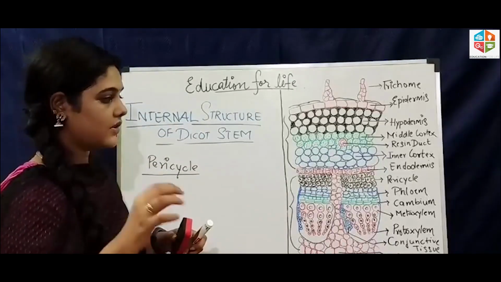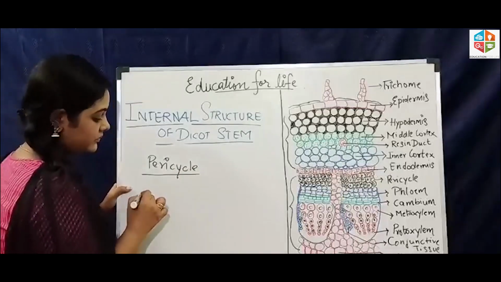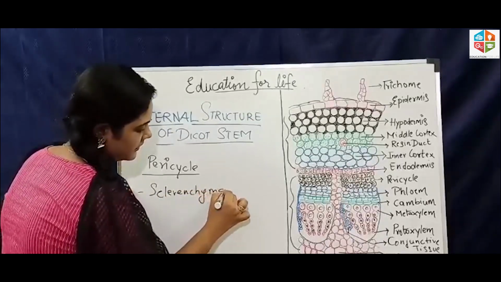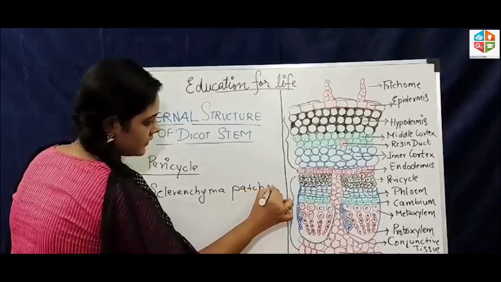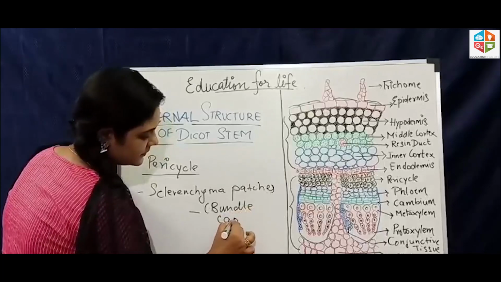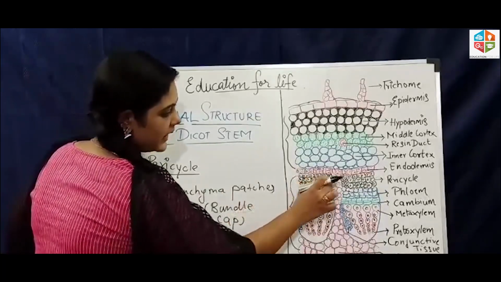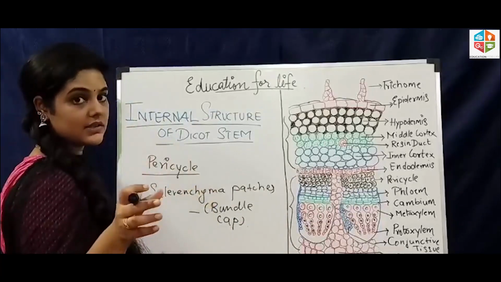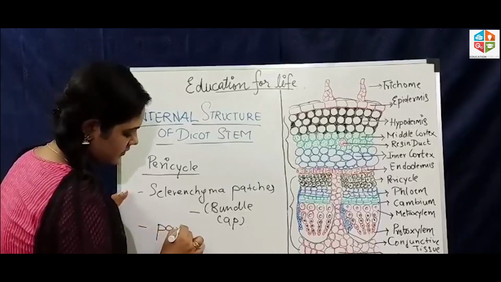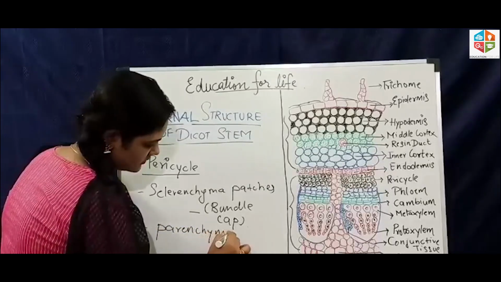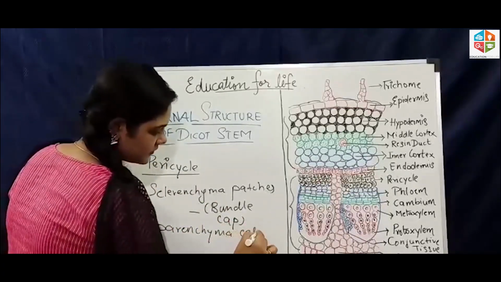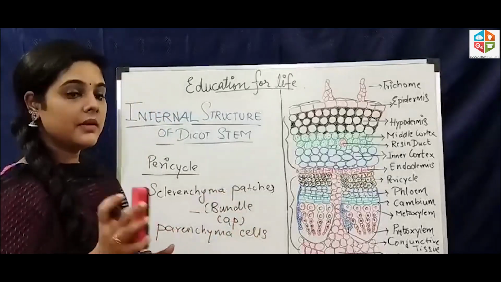In between them there will be parenchyma cells, so the sclerenchyma patches alternate with the parenchyma cells. So this is what you see in the pericycle.